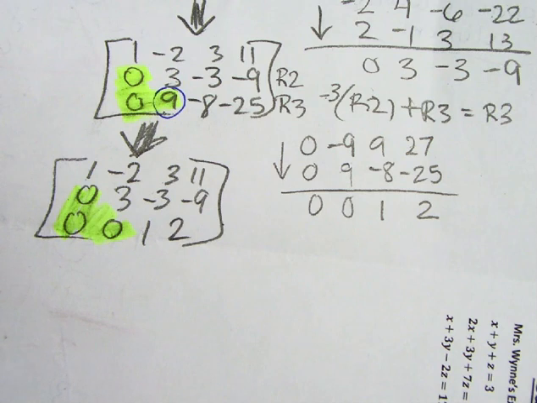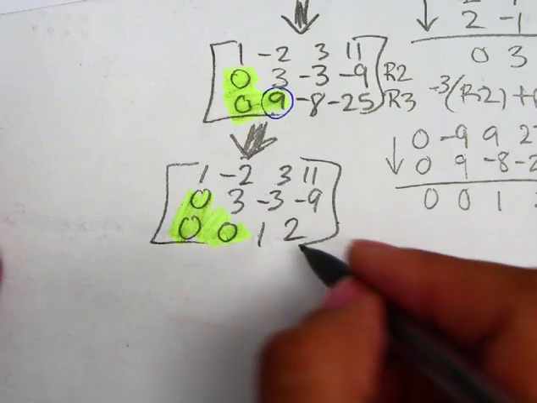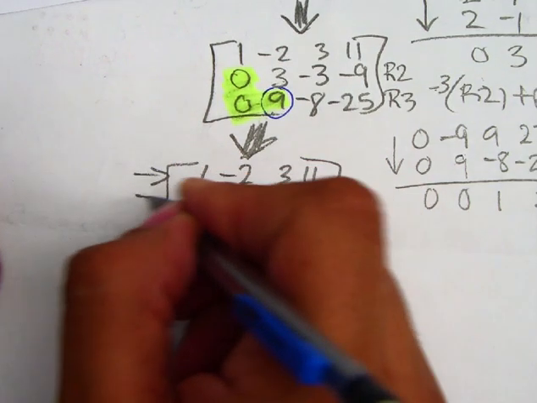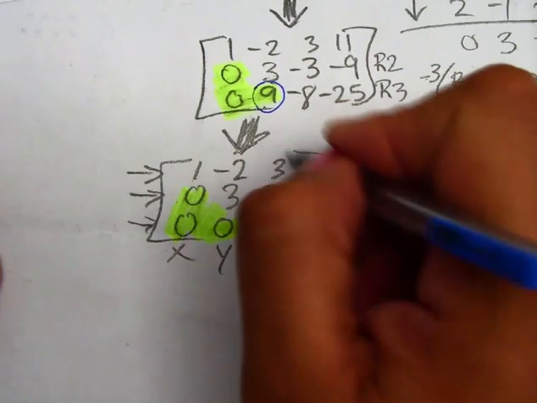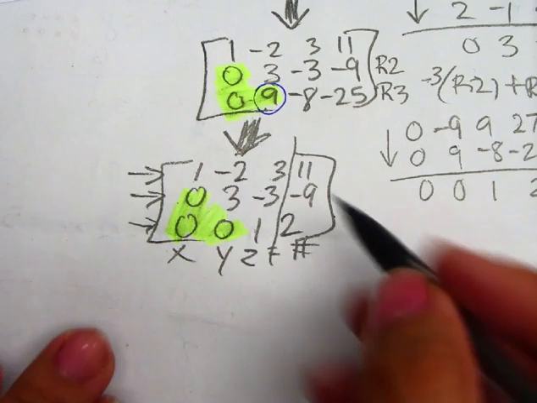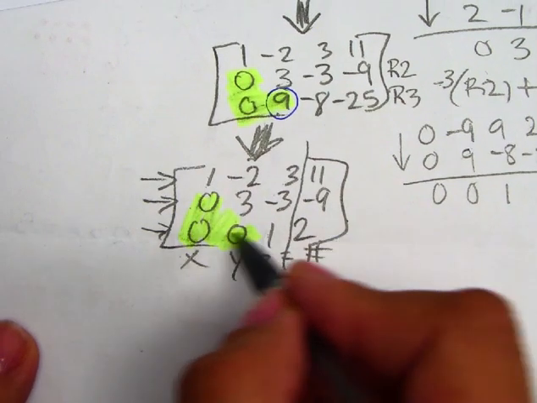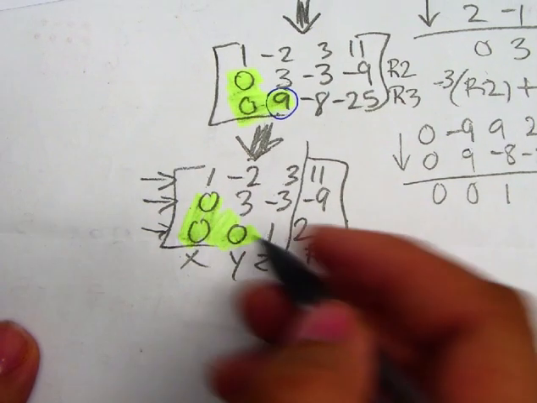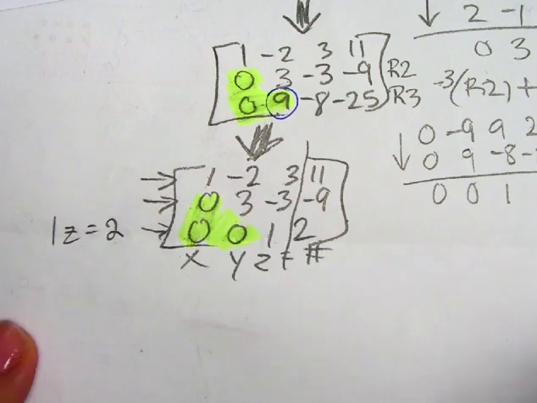But now in order to solve this, you need to use the substitution method. So you need to look at these as equations with the x, y, and z. And then these are numbers that they equal to. So out of these 3 equations, we can see that the bottom one has only one variable. So that will be like seeing it as 1z equals 2.